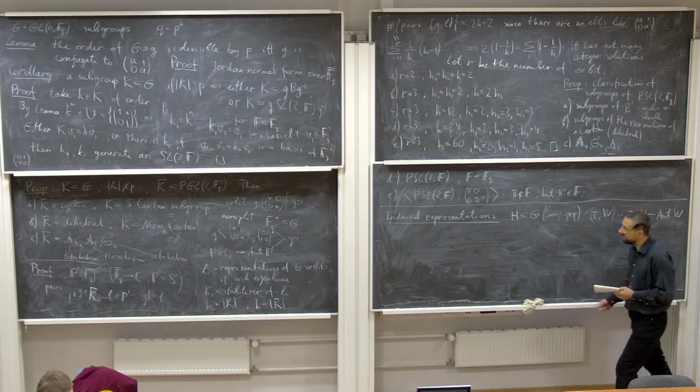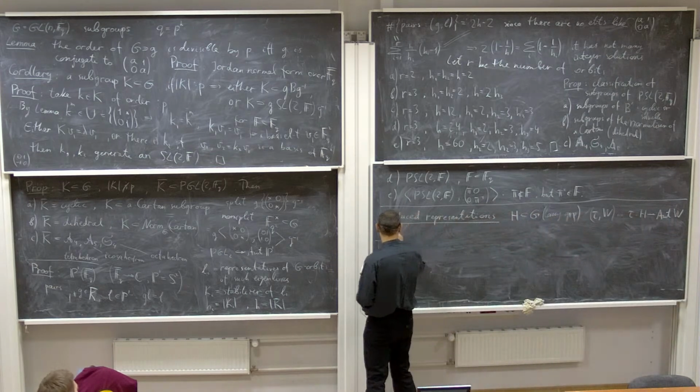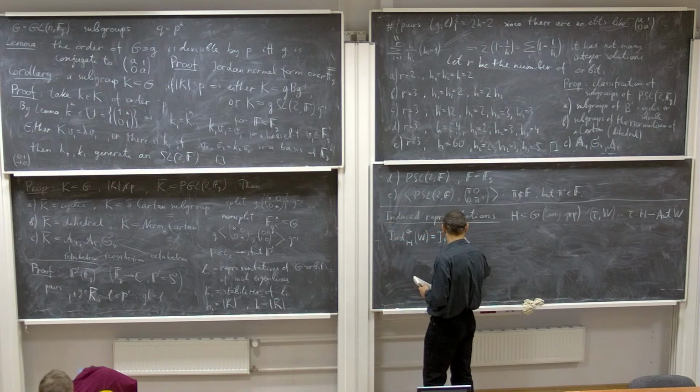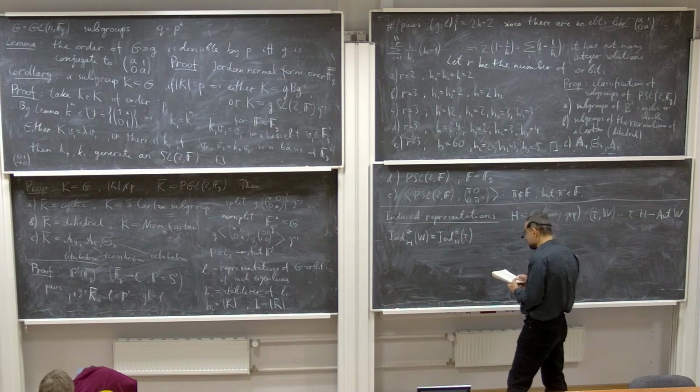Okay, and then one can define the induced representation from H to G of W, or sometimes it's denoted like this, or whatever.